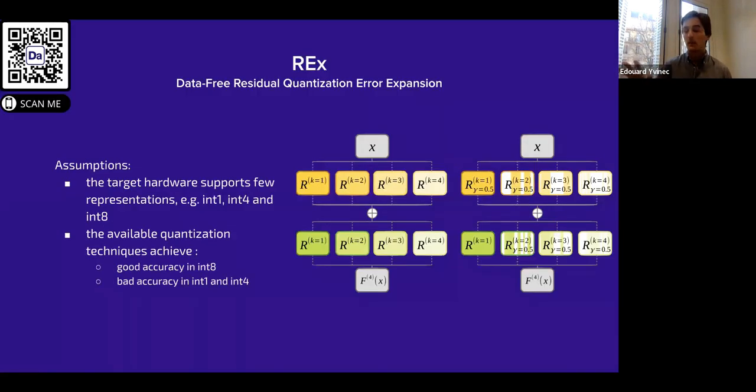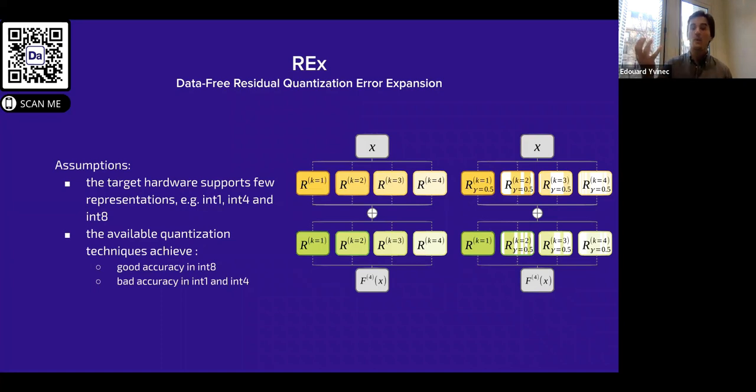So residual expansion, the intuition is fairly simple. Quantization introduces an error, simply the difference between the original distribution and the quantized one. And that error can also be quantized. So now, instead of having, let's say, one matrix multiplication, you have two matrix multiplications. The first one being the standard quantization result, and the second one is the residue that has also been quantized.